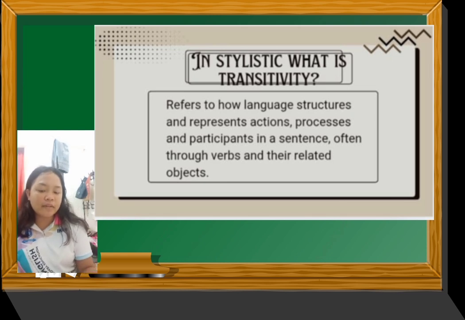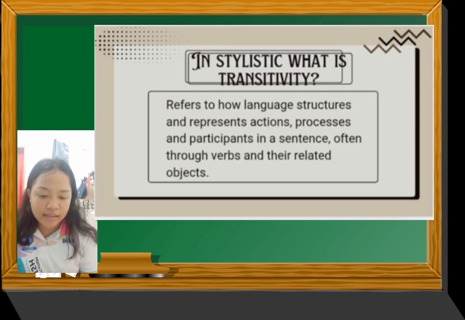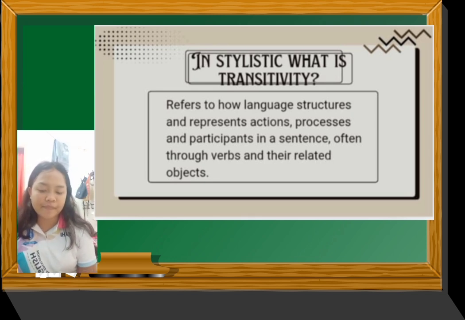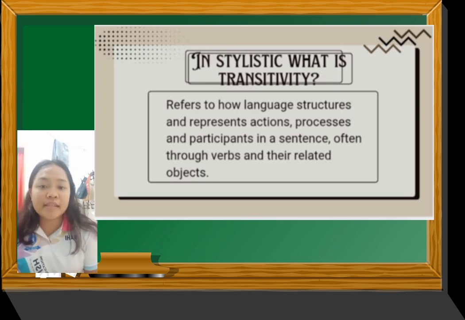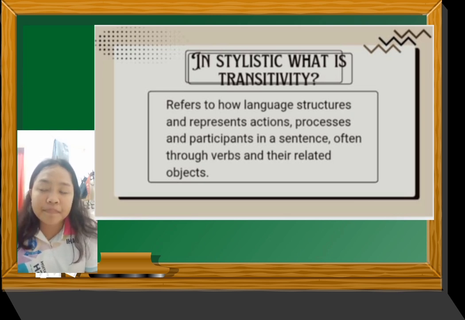Example number three is about relational processes and social roles. It is so basic and very understandable. A sentence like she is a doctor or he is a doctor uses a relational process to establish a relationship or identity.